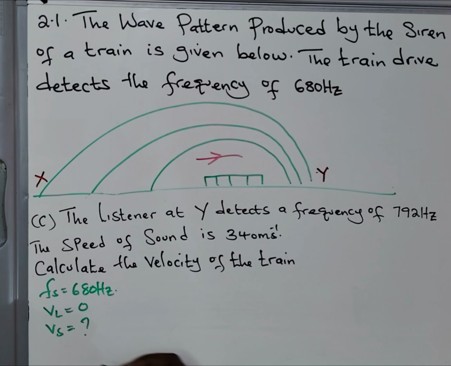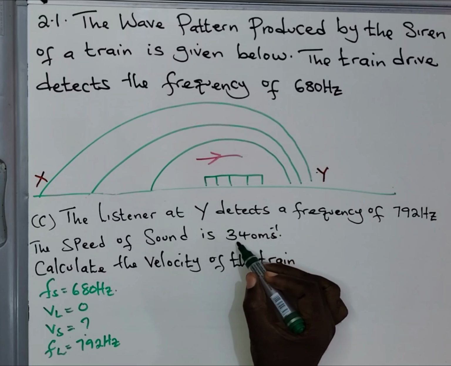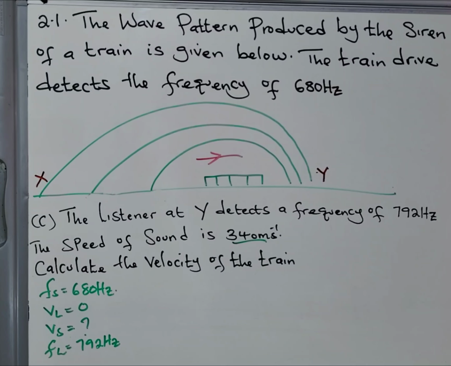But we know something else. We know frequency heard, which is 792 hertz. So that is what we have. And we are given velocity of sound in air.